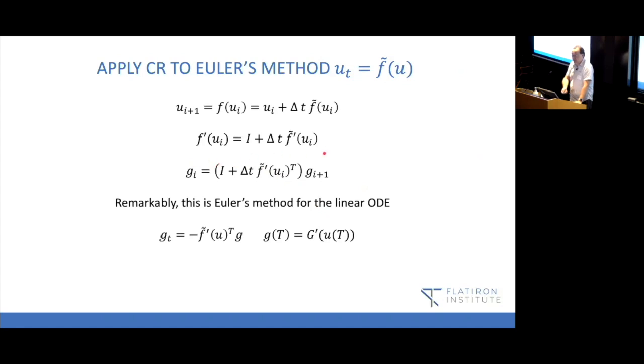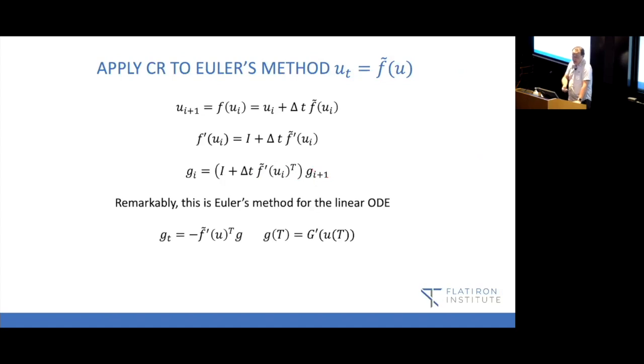So we just plug that in, and then we can take that and put it into the formula from the previous slide and see that, well, G_i is going to be obtained by this quantity, where we have the f tilde transpose, and then the G_{i+1}.